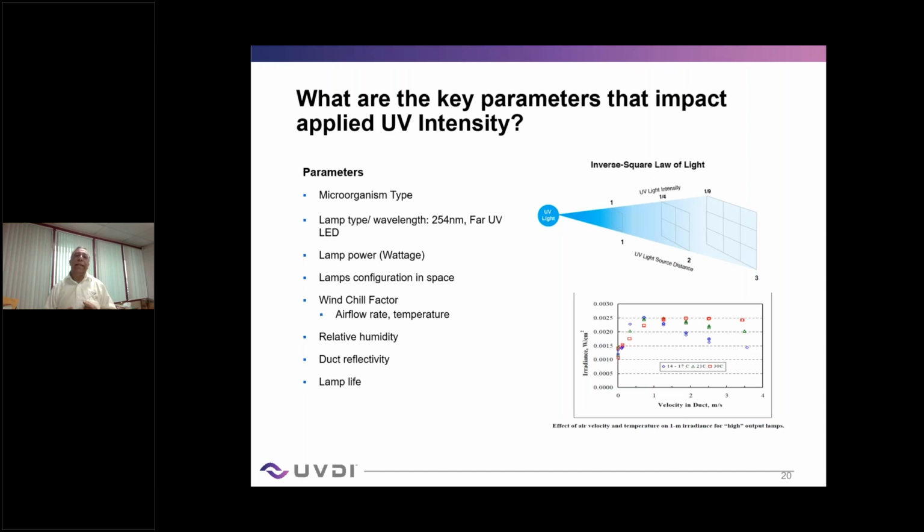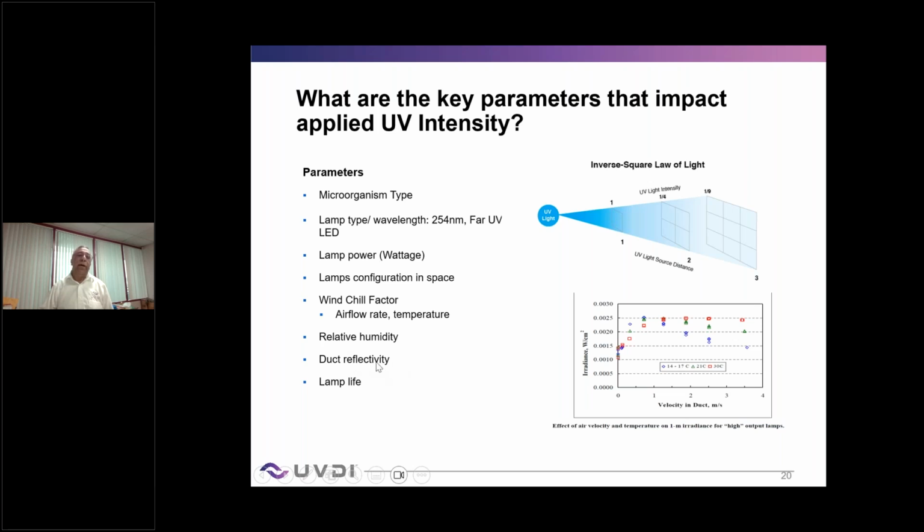The airflow rate and the temperature have a bearing on how well your lamps are performing, or what the intensity is. The graph at the bottom shows intensity on the y-axis and velocity on the x-axis. You can see that there's an impact of temperature and airflow on the performance of the lamp.